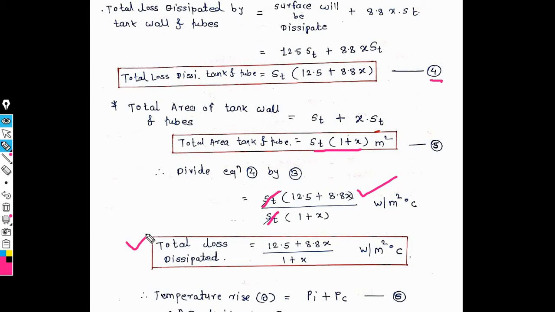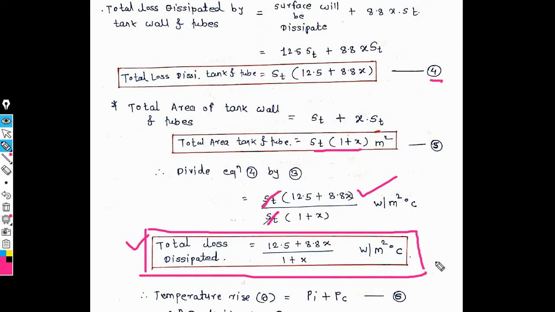This is the formula of total loss dissipated with the help of initial surface and final surface.